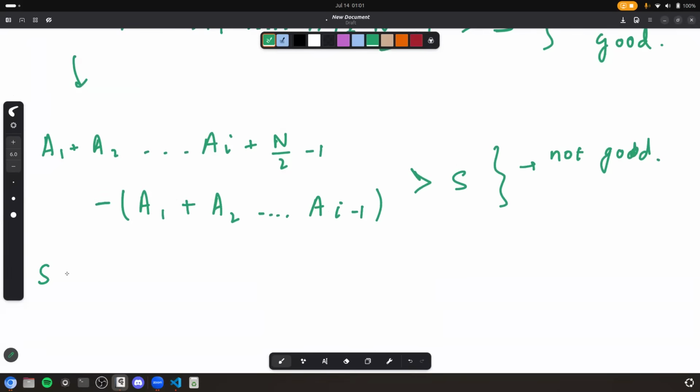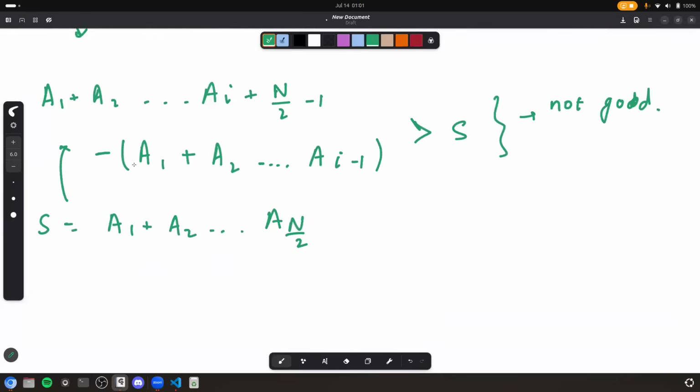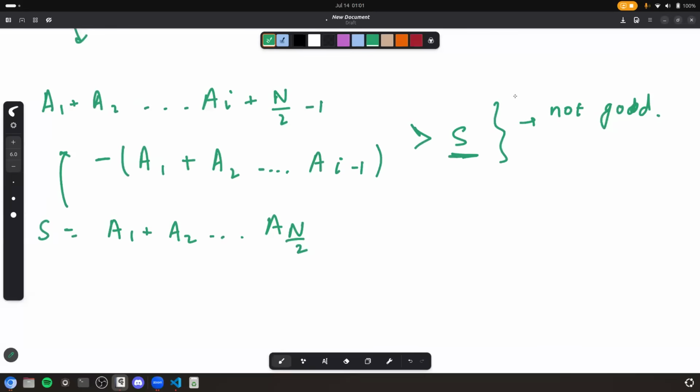Also, we know that s is equal to a1 plus a2 till a n by 2. So we can put the value of s here. We are trying to eliminate s from this equation so that we can solve this question in a general manner.